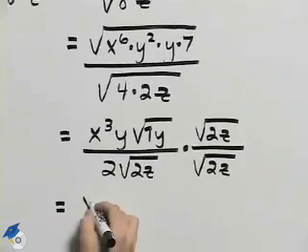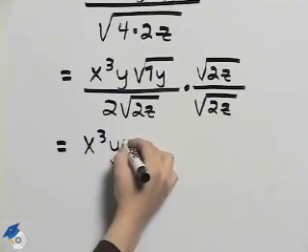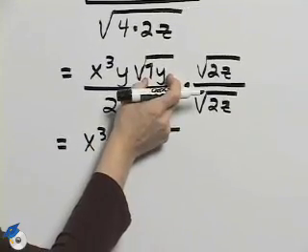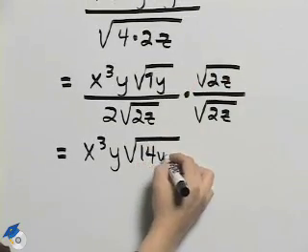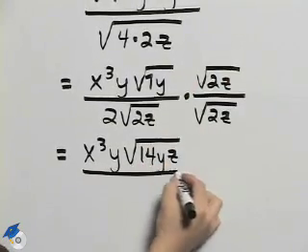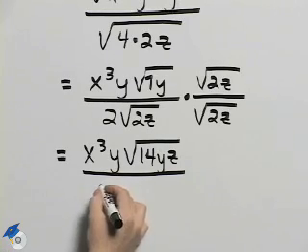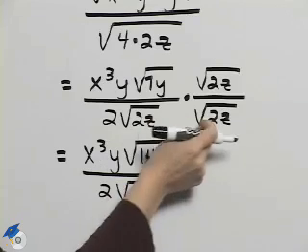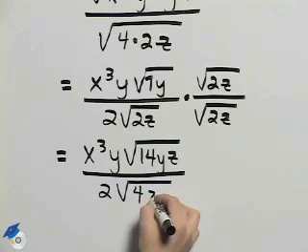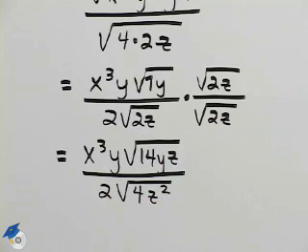So when I multiply, I'll have x cubed y. The square root of 7y times the square root of 2z will give us the square root of 14yz. On the bottom, we'll have 2 times the square root of 2z times 2z, which is 4z squared.